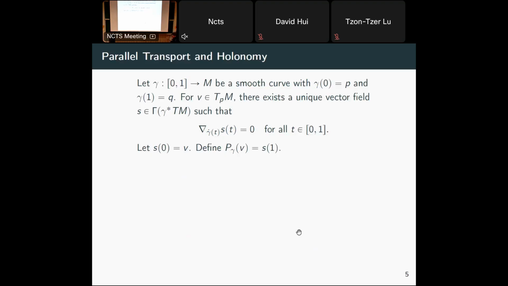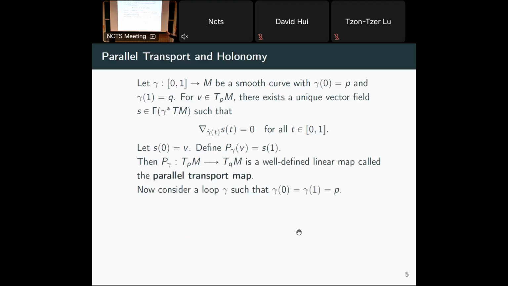Now there's a natural notion of parallel transport, which is basically that you should be able to transport a tangent vector along your manifold from one point to another. So that means you should have some sort of parallel transport operator from one tangent space to another.